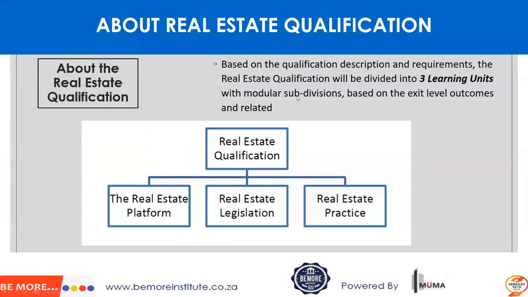About the real estate qualification, I know we repeated this several times, but it's based on the qualification description and requirements. The real estate qualification will be divided into 3 learning units: the real estate platform, real estate legislation, and then the practice.